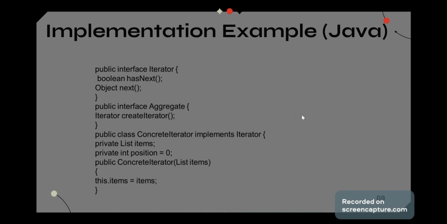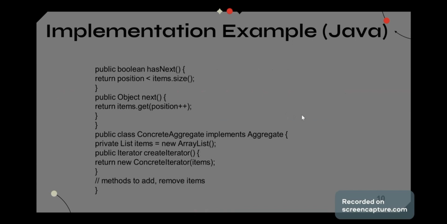And then we have the concrete iterator class, which implements the iterator interface, right? It takes a list of items during creation and keeps track of the current position in the list. It also provides the methods to check if there's another item, and then it retrieves the next item.